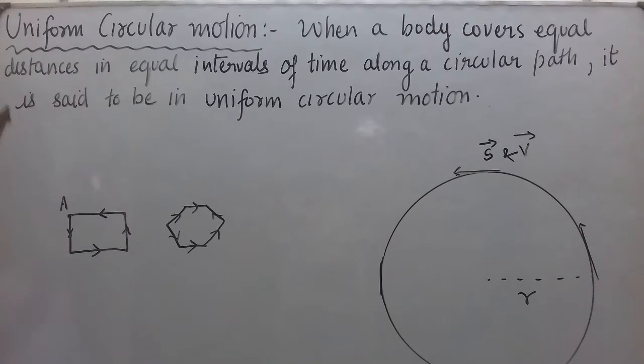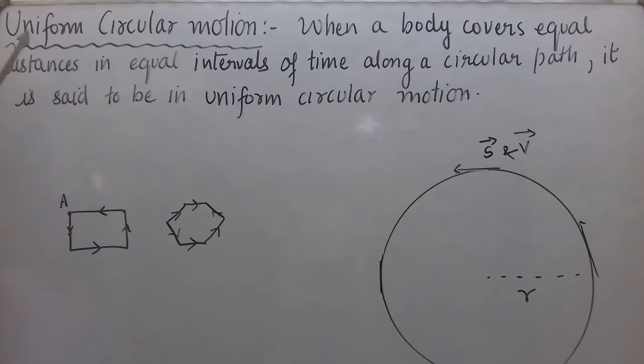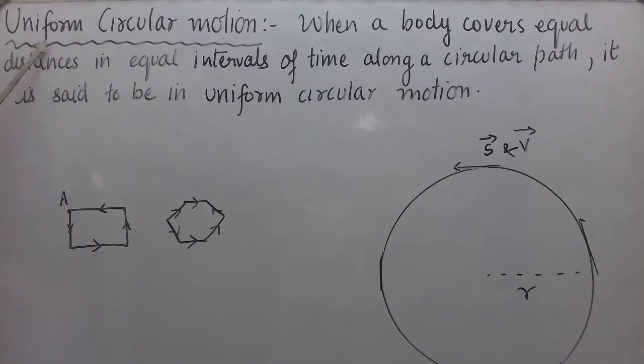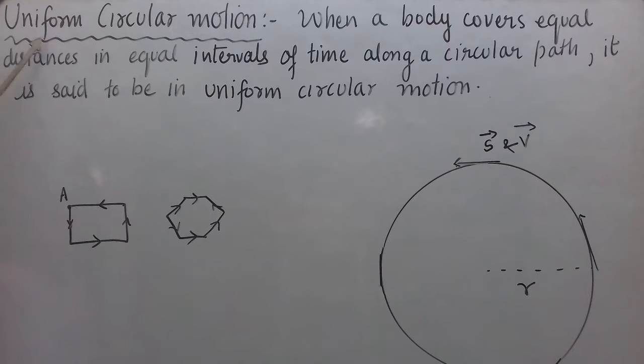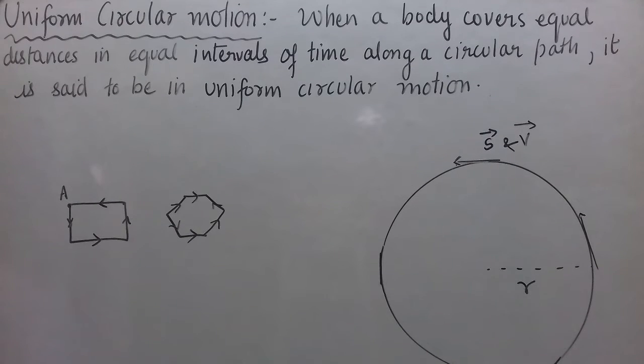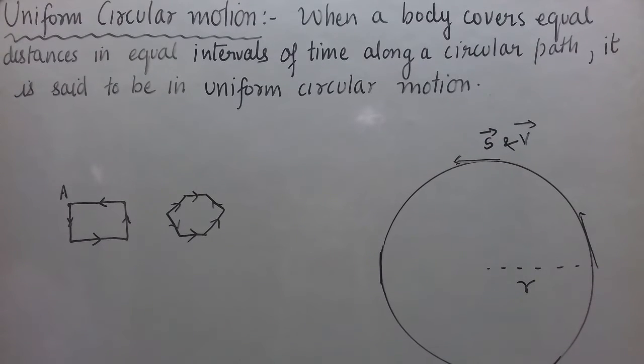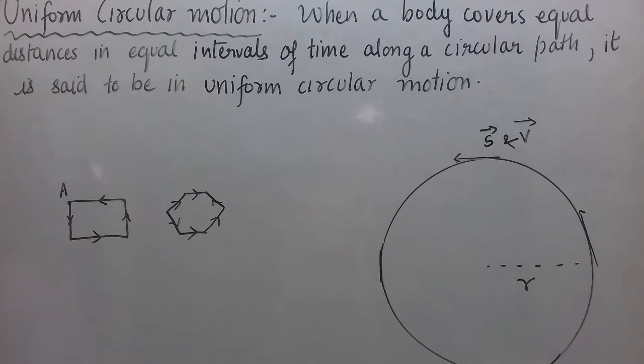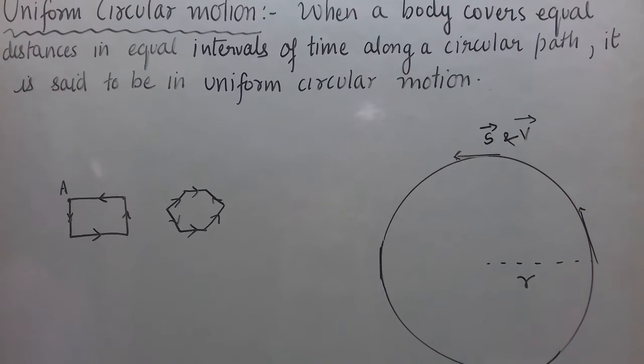So here we are going to complete the last theory part, last definition, last topic of this chapter, motion. Uniform circular motion. You can easily say a body is in circular motion when it moves along a circular path.